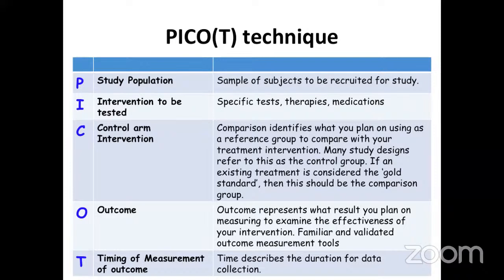Your study population automatically will be the patients who are receiving spinal anesthesia. Simple, isn't it? So you clearly define the study population, and then next, the intervention. Intervention here will be the addition of buprenorphine into the intrathecal space. It's not the spinal, it's the addition of buprenorphine.